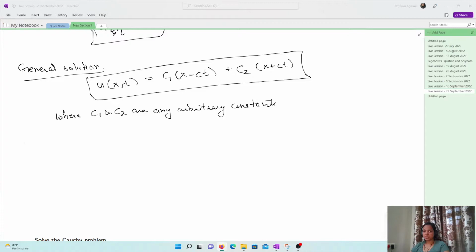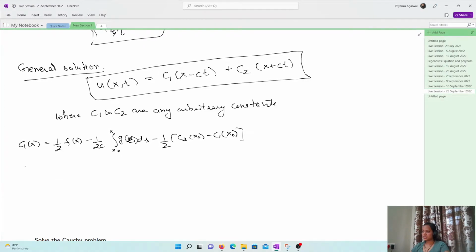We know that C1(x) can be written as 1 by 2 f(x) minus 1 by 2c integral from x0 to x of g(s) ds minus 1 by 2 (C2(x0) minus C1(x0)).